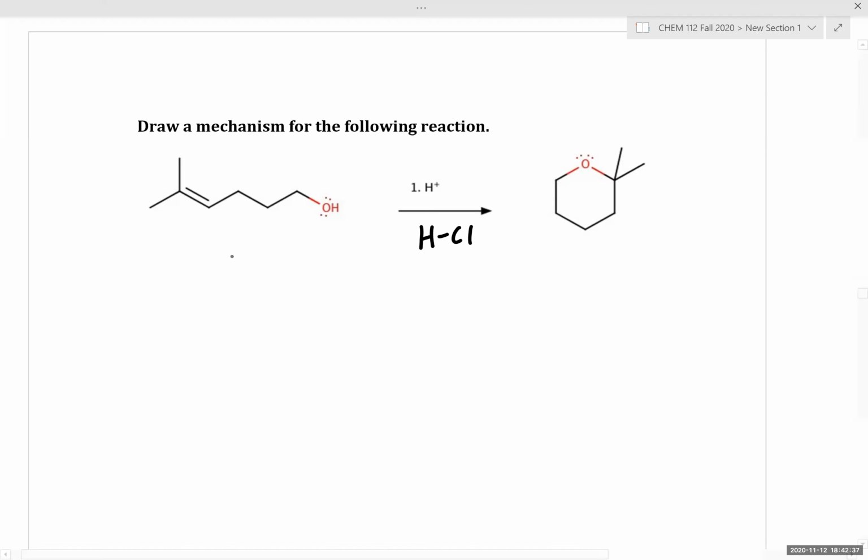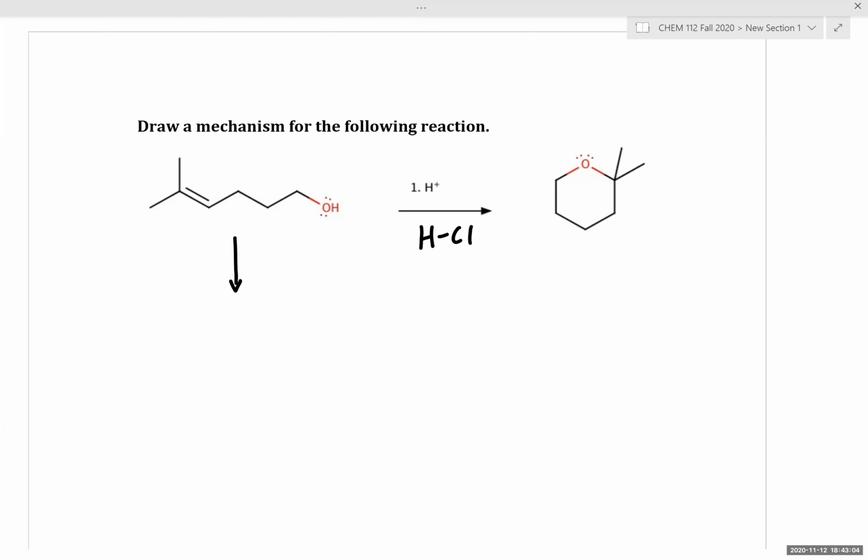So then what would the first step be? Would someone like to try and draw the first step for this reaction using the annotate tool? What's the first step in an acid catalyzed hydration or acid catalyzed alkene substitution? Protonation, yeah.